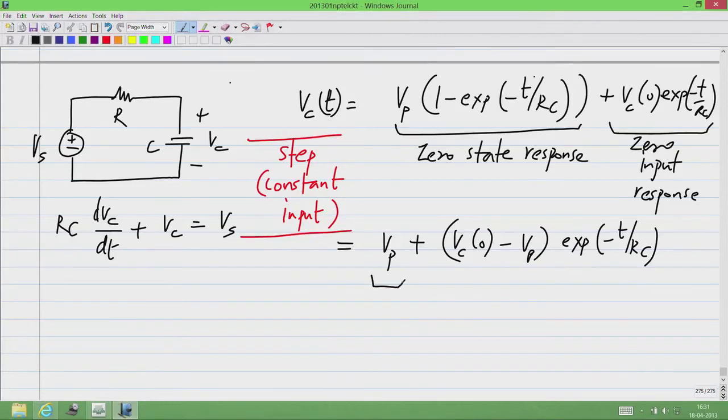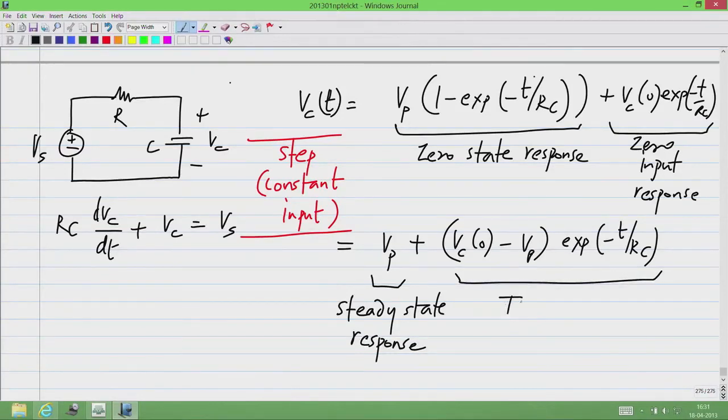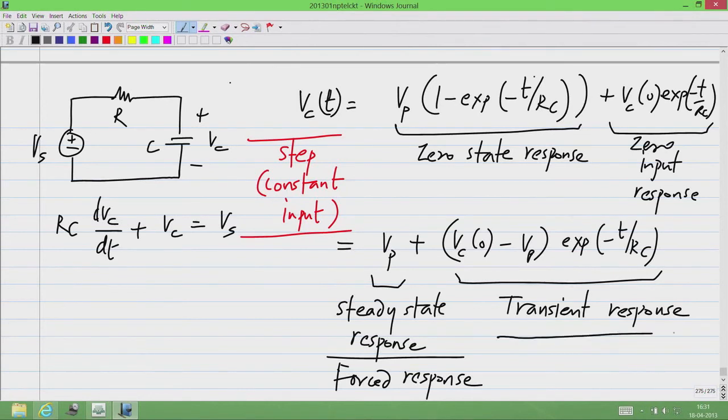And we call this the steady state response, and this the transient response. Alternatively, this is also called the forced response, or this is called the natural response. Okay.